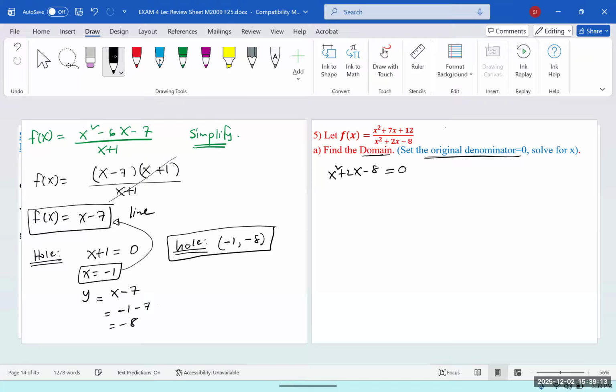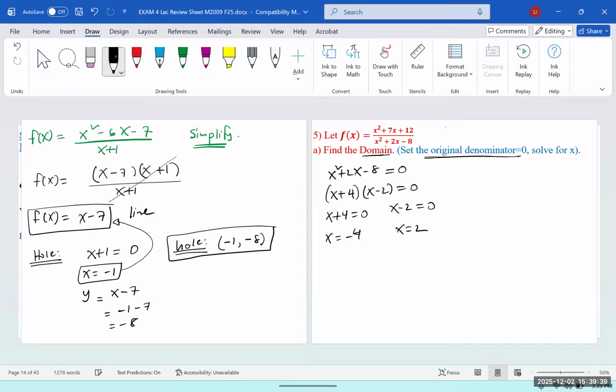You set it equal to 0. And then you factor x plus 4, x minus 2. Two numbers multiplied to -8 combined to +2. So you get x plus 4 equals 0, x minus 2 equals 0. So x equals -4, x equals 2.